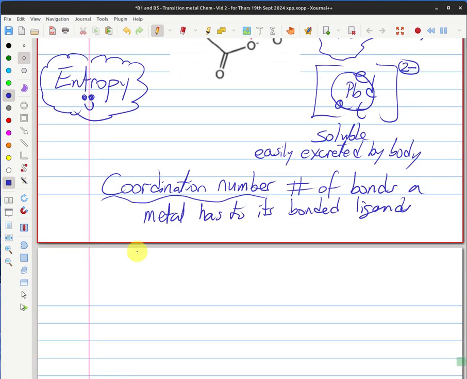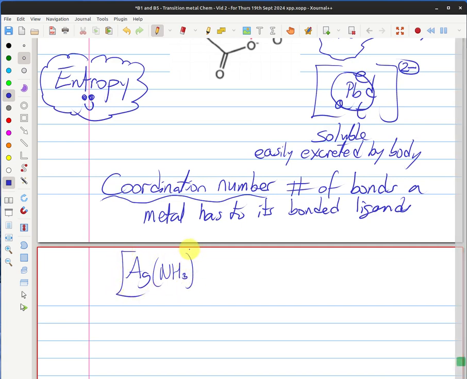So, if we have the silver diamine complex, which you've come across already, it's a monodentate ligand. Each ligand makes one bond to the silver, but the coordination number is 2.